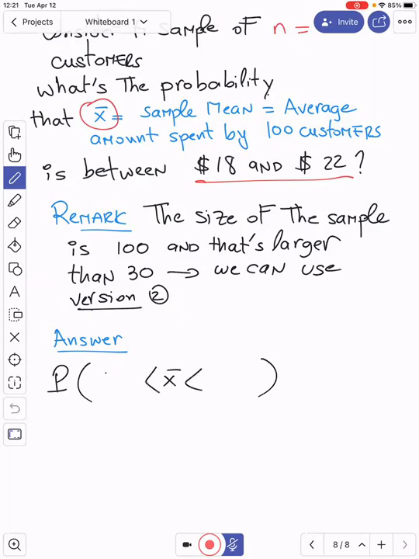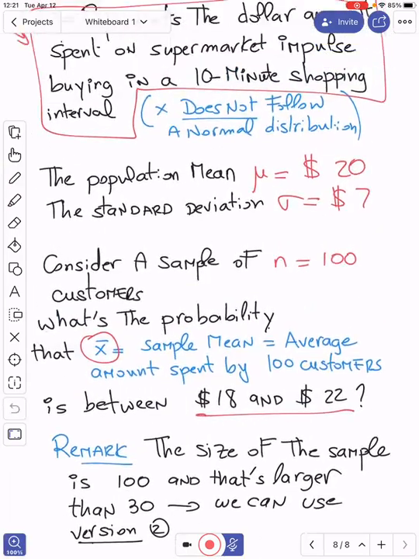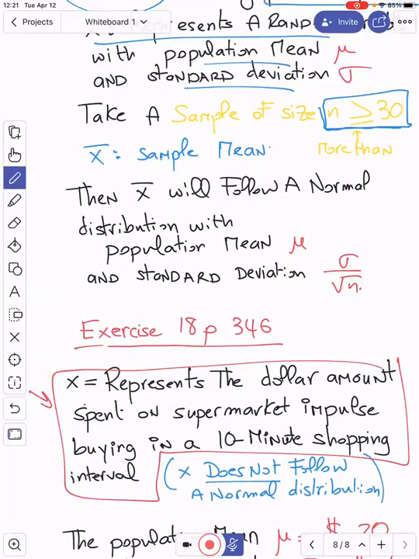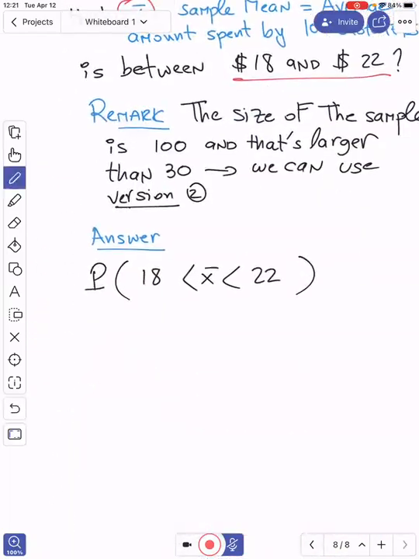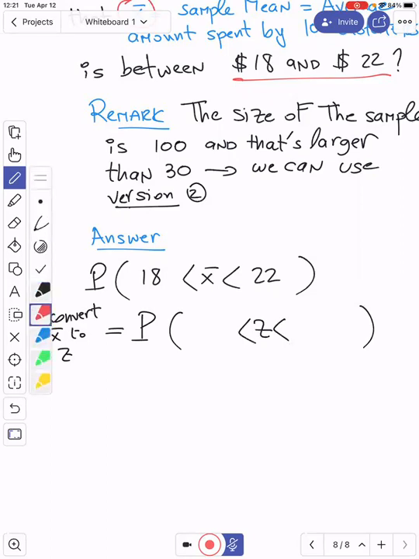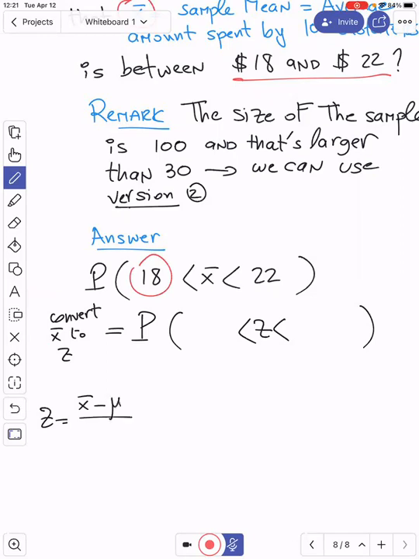Because in the second version of our theorem X bar follows a normal distribution, we can convert X bar to Z. As usual, Z is equal to X bar minus mu, over, now the standard deviation is different, sigma over the square root of N, where N is the size of the sample.